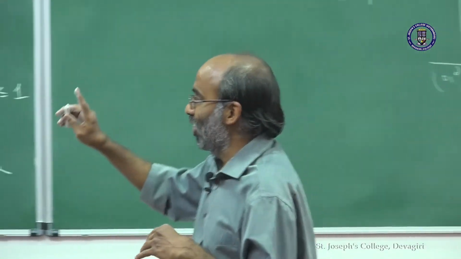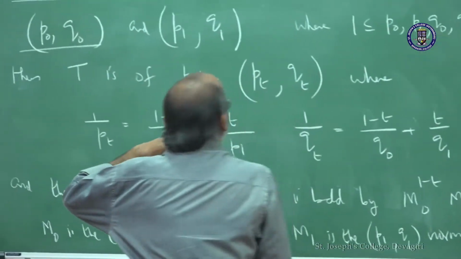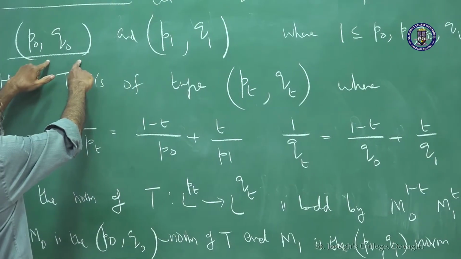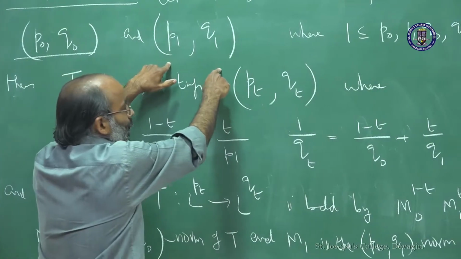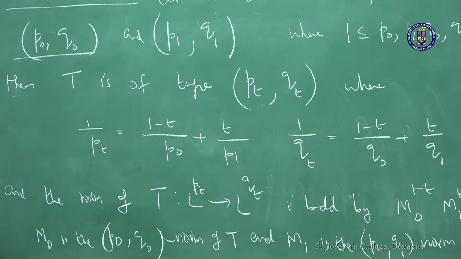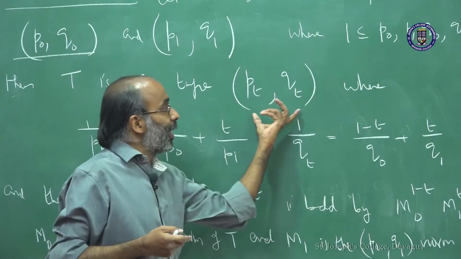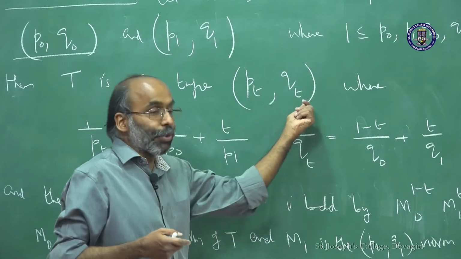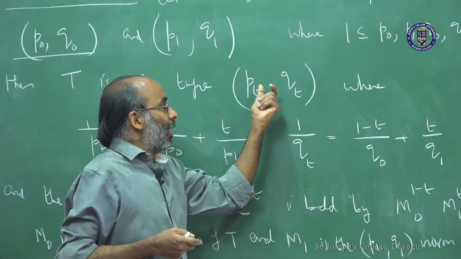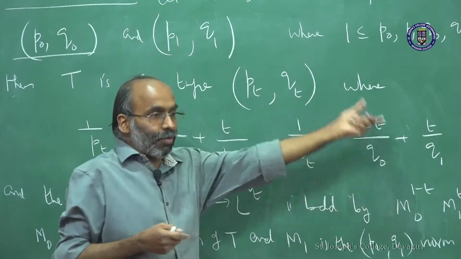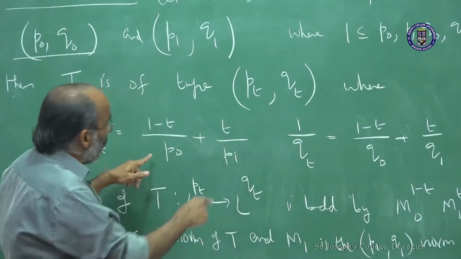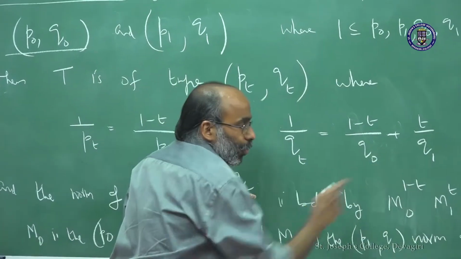I do not see many happy faces. Let us repeat. If a linear operator is bounded and I have type (p0, q0) and (p1, q1), then T is of type (pt, qt), which means it is bounded from L^pt to L^qt. The important point is what are pt and what are qt, right. So, pt and qt have a very simple relation with the endpoints p0, p1 and q0, q1.